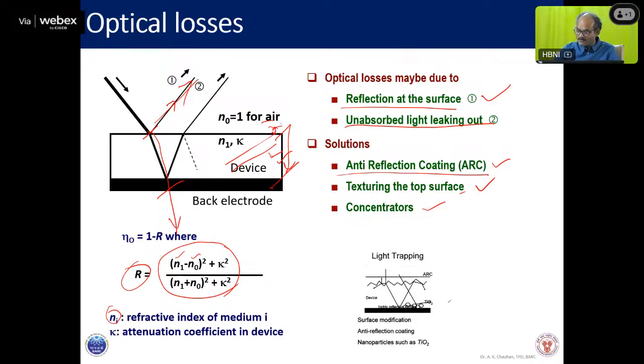Suppose I have a convex lens of 1 meter square. How much intensity will be falling on that? 1 kilowatt.